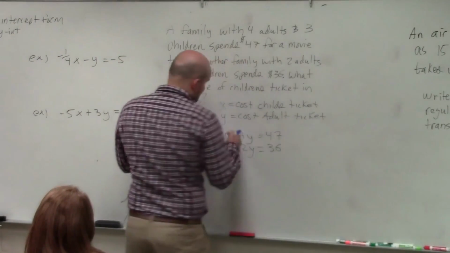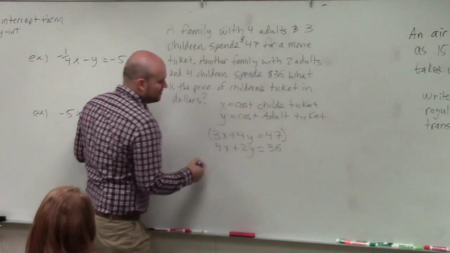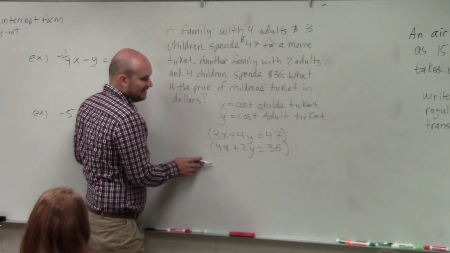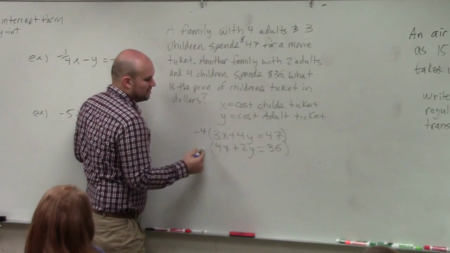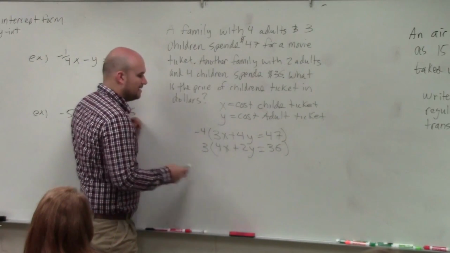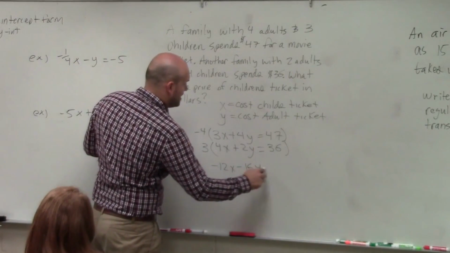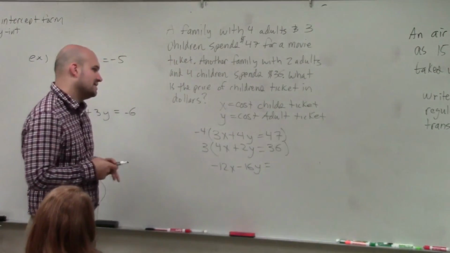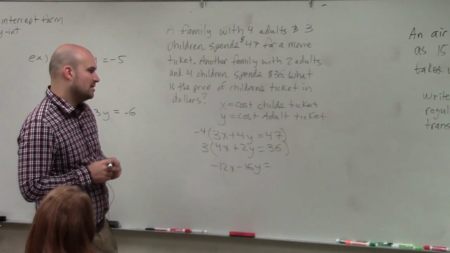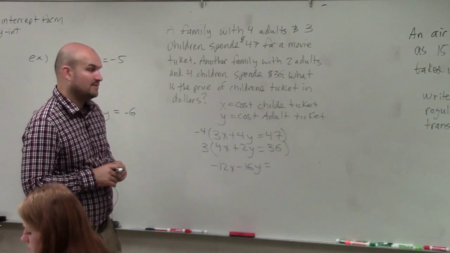So what I would do in this case, if you guys remember, you got to get the variable to have the same coefficients. I like to have one positive and one negative. So we need to find the LCM of 3 and 4, which would be 12. So I'll multiply the top by a negative, or you could multiply the bottom by a negative. Therefore, I get negative 12x minus 16y equals 47 times 4, which is 188.